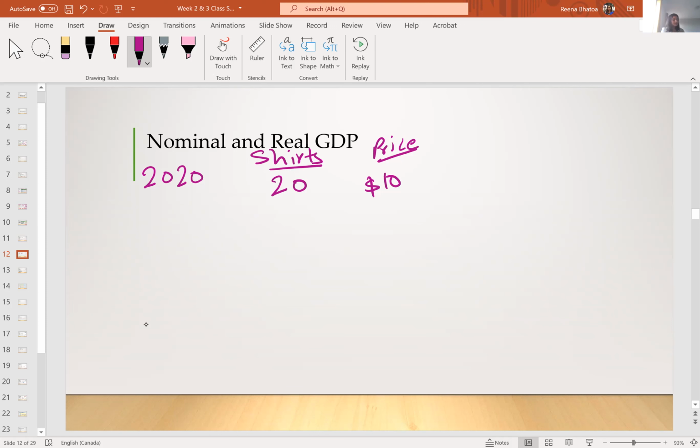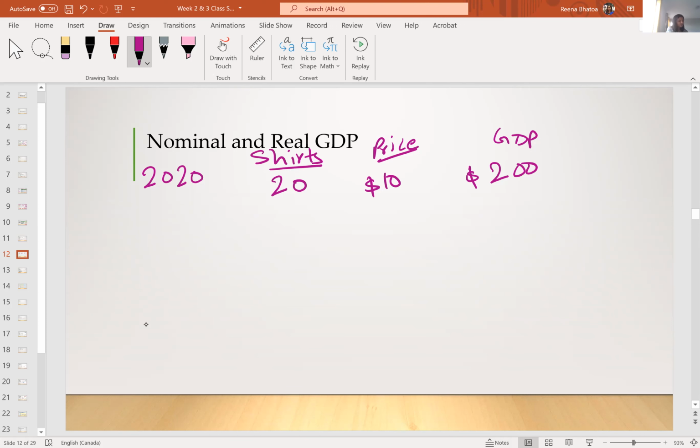So the GDP in 2020, GDP means total expenditure. This economy is making shirts only, and each shirt is worth $10. So they make 20, their GDP is $200. That is what total expenditure is.